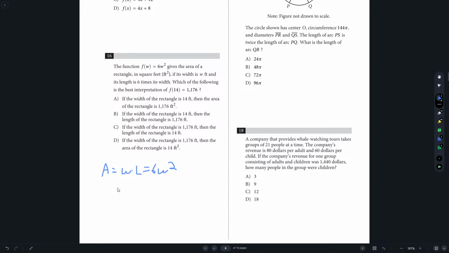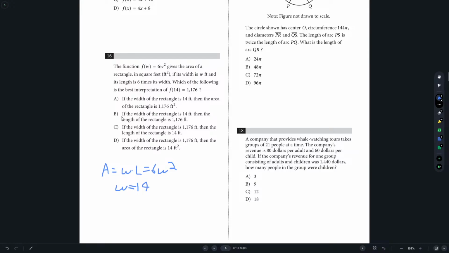If we plug in 14 for the width, then we have 1,176. So if the width is 14, then the area of the rectangle is 1,176.